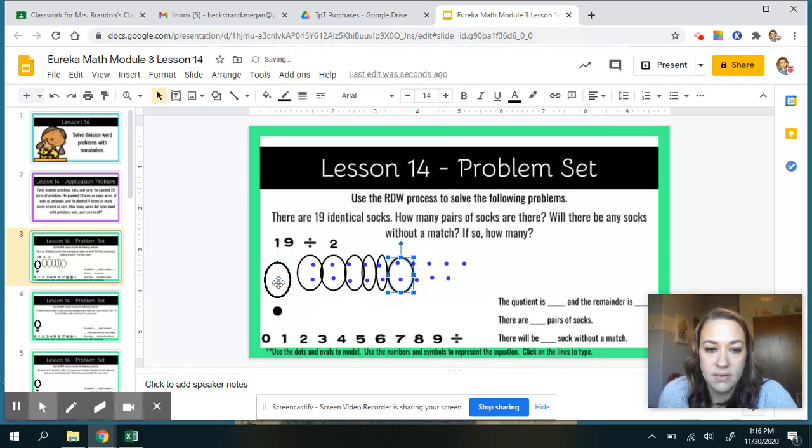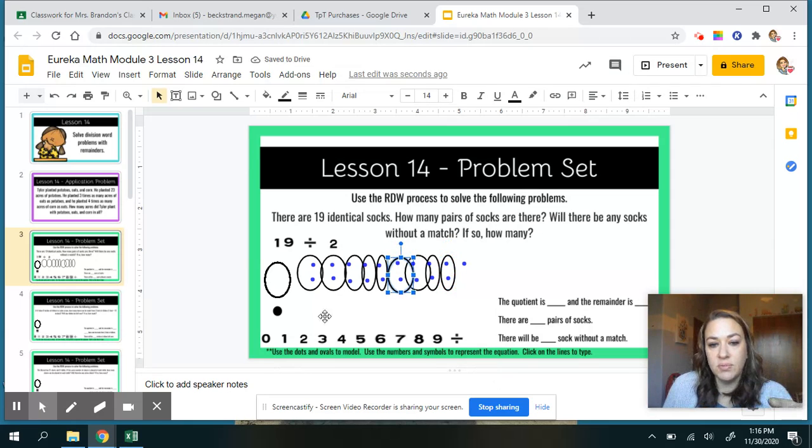There's 6, 7, 8, and 9. I should have put my dots a little bit further apart, but you can kind of see what I'm trying to do here.